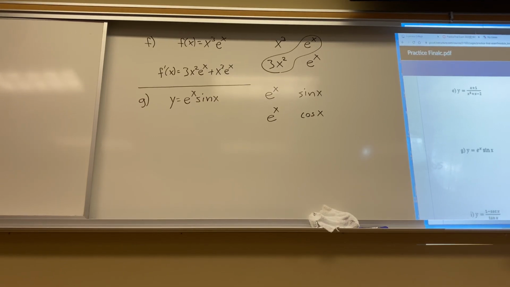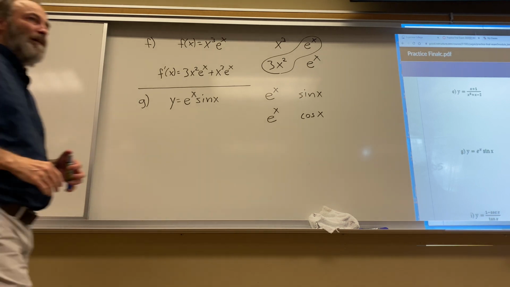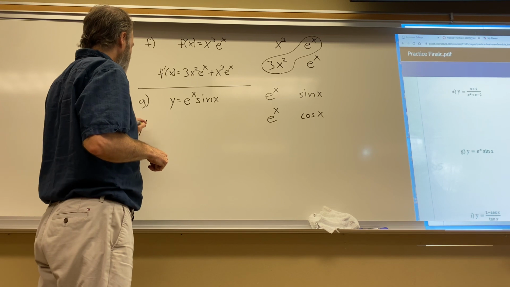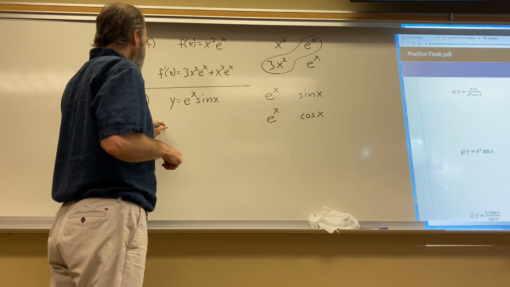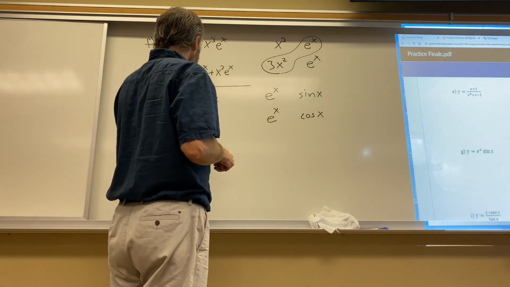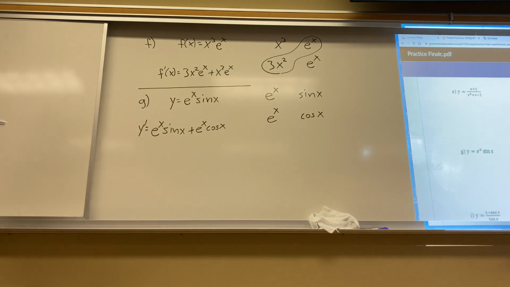The antiderivative of sine is negative cosine, but for derivatives, sine goes to positive cosine. Just be careful of that on the exams. Really easy to make that mistake. Okay, so we're going to get e to the x sine x plus e to the x cosine x.